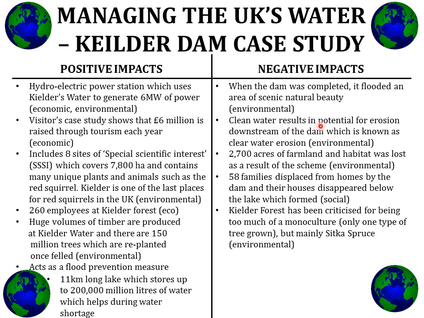Clear water results in potential for erosion downstream of the dam, which is known as clear water erosion, an environmental impact. 2,700 acres of farmland and habitat was lost as a result of the scheme, another environmental impact, and 58 families were displaced from their homes by the dam, and their houses disappeared below the lake which is formed, which is a social impact. And Kielder Forest has been criticised for being too much of a monoculture, which is basically only one type of tree grown, mainly the Sitka spruce, which is again an environmental impact.